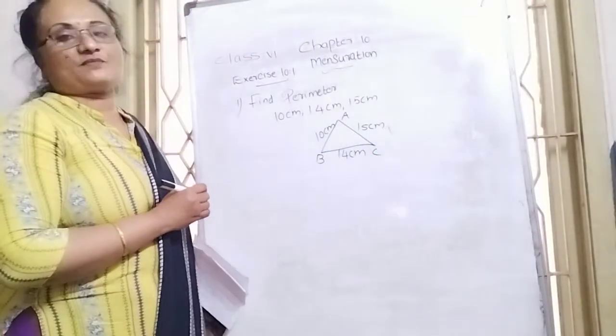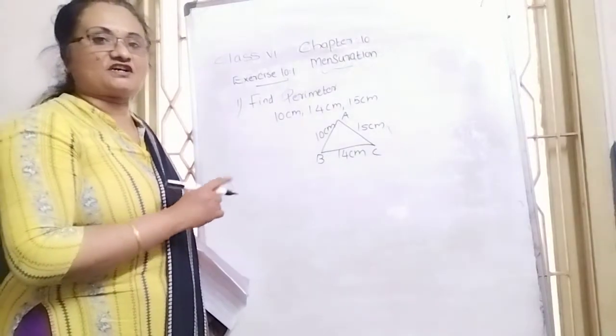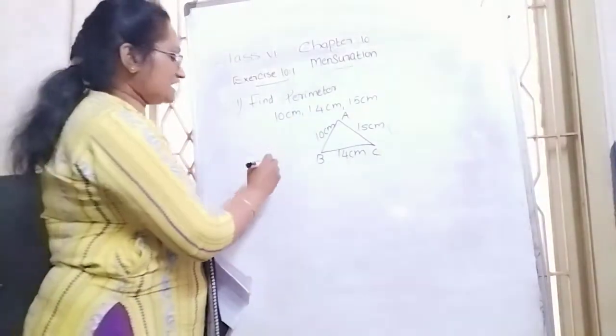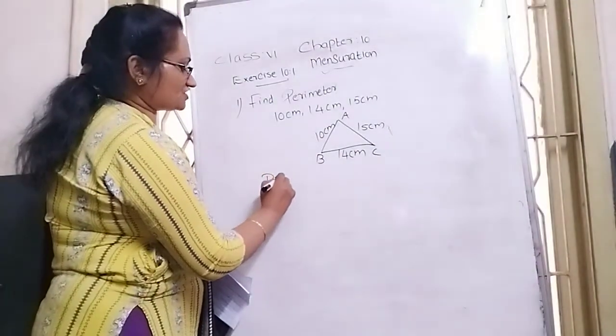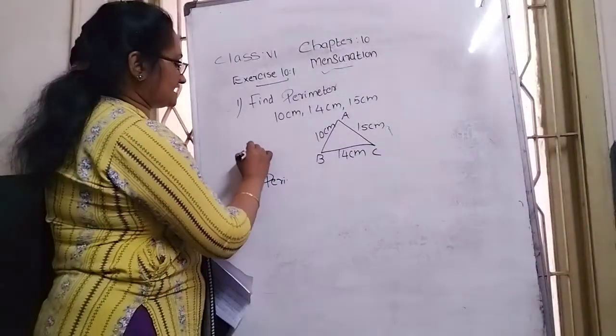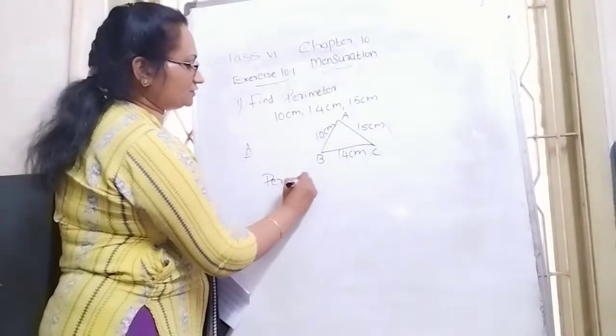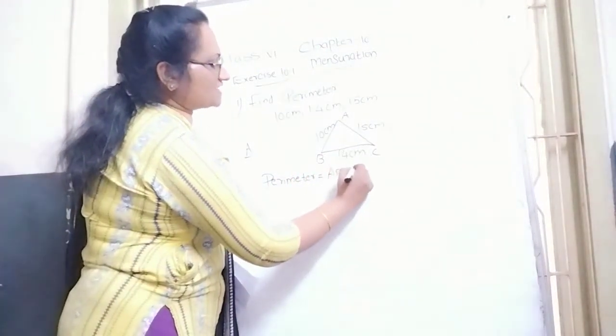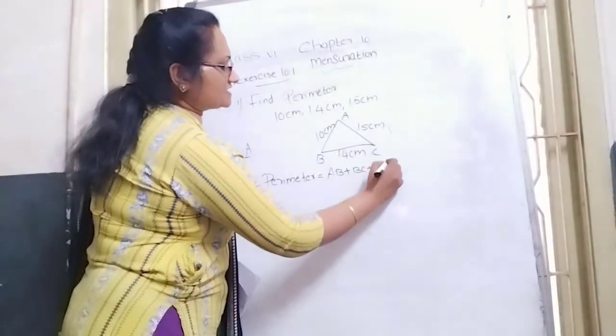How do we find the perimeter of a triangle? The sum of the three sides is the perimeter of a triangle. So perimeter is equal to AB side plus BC side plus AC side.